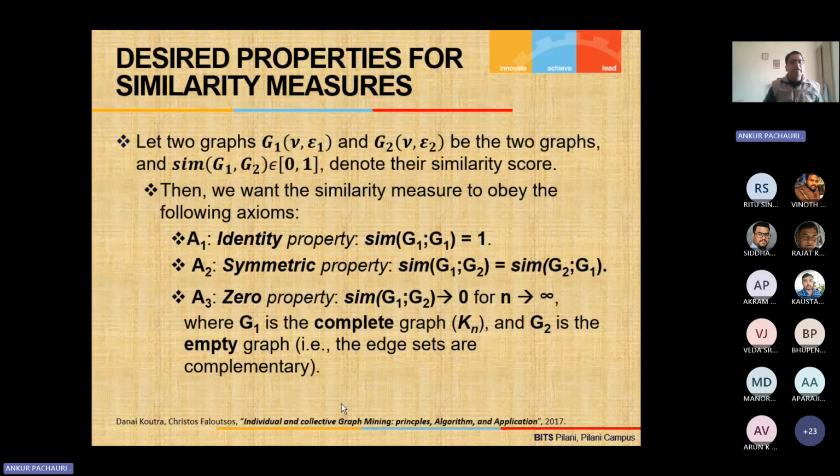A bit of mathematics. There are some properties. If I have two graphs G1 and G2, and a similarity matrix between G1 and G2 which has all values from 0 to 1, they should follow some properties. The first is identity: if I compare the similarity of a graph with itself, the similarity should equal 1.